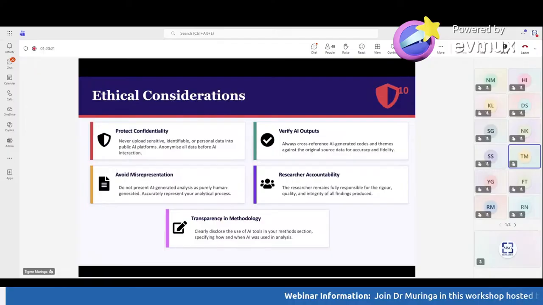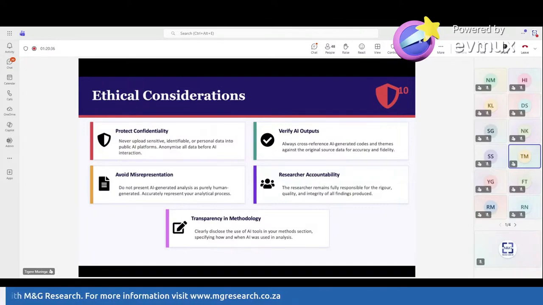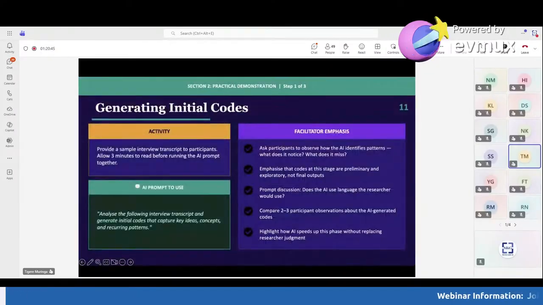And then researcher accountability: the researcher remains fully responsible for the rigor, quality, and integrity of all the findings produced. And you need to make sure that there's transparency in the methodology. You need to always disclose the use of AI tools in your method section. Specify how and when AI was used at every stage, right?